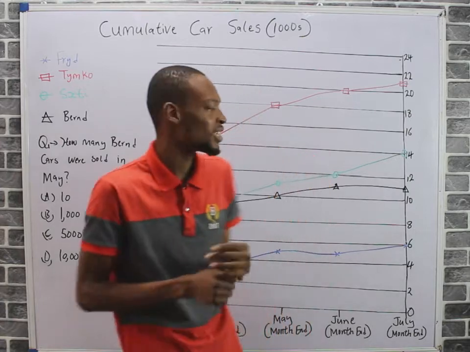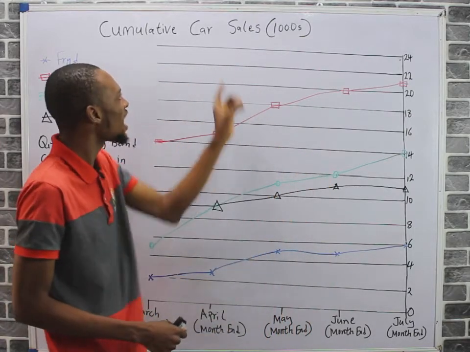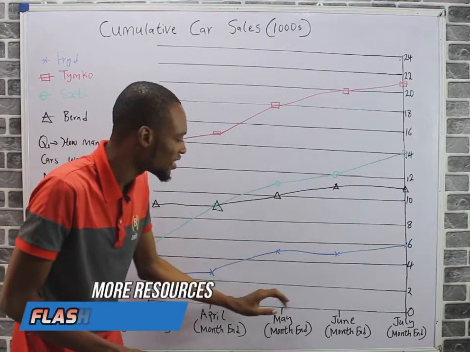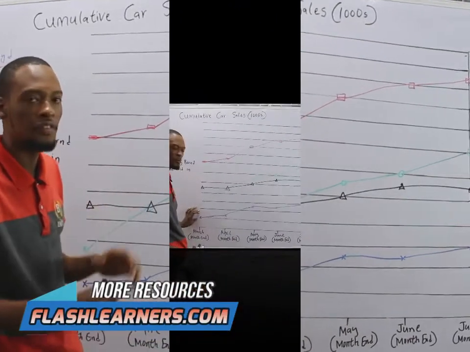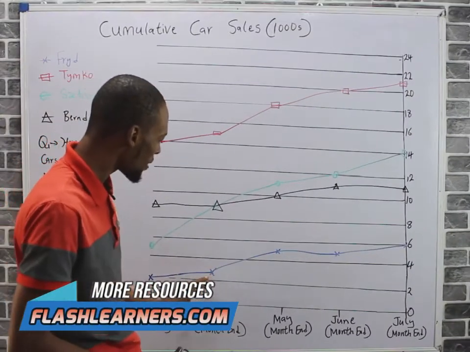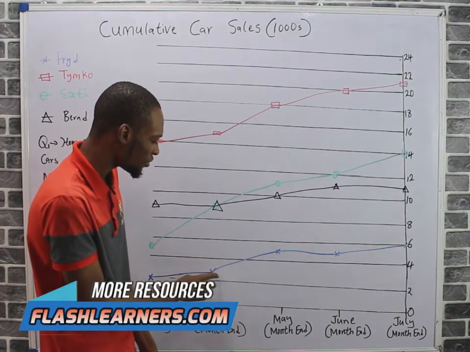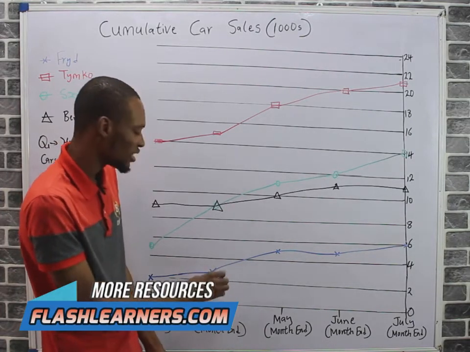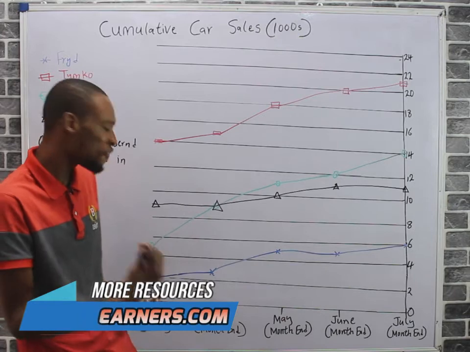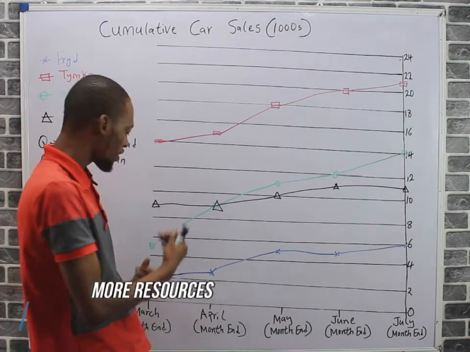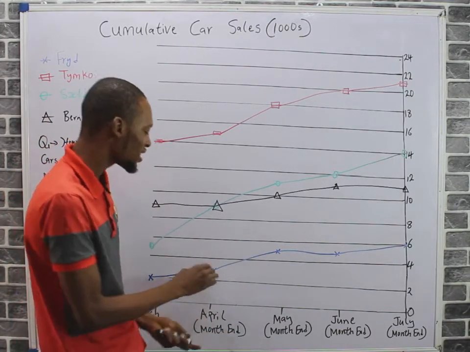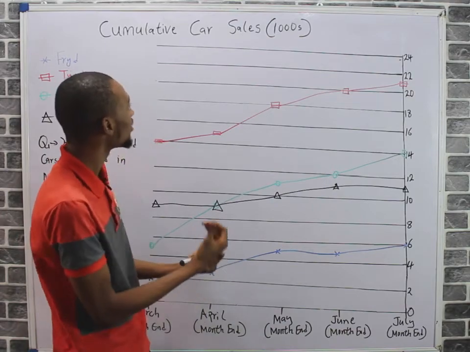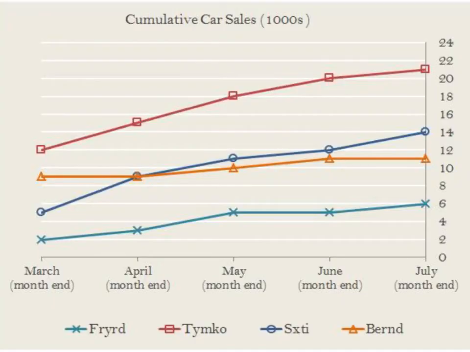That is cumulative. And how does that statement affect this graph? Now, this amount here doesn't represent what was made in April. It means so far, from the beginning till April, this is how much we have gathered, or how much we have sold, if you are being specific.